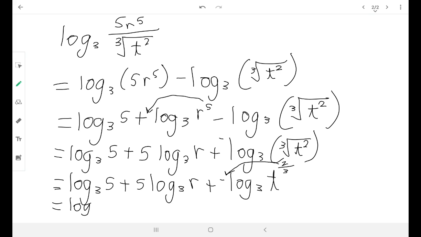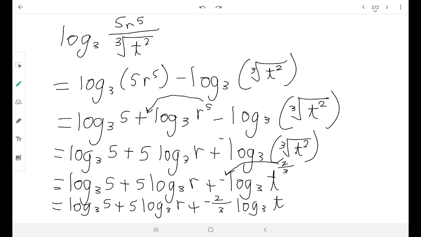And then we have log base 3 of 5 plus 5 times log base 3 of r plus negative 2/3 times log base 3 of t. And if you want to, you can take this plus negative and turn it back into a minus.